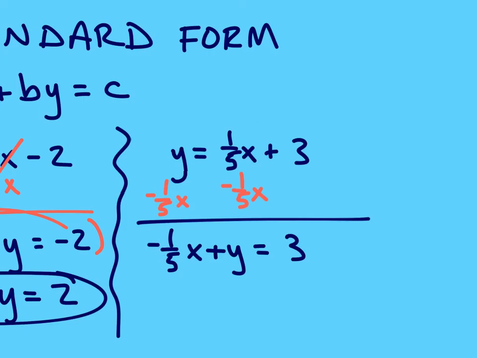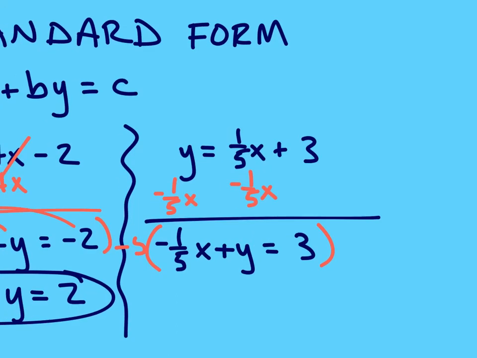So I'm going to multiply this entire thing by negative 5. When I distribute that, it's going to divide out my numbers. So 5 divided by 5 gives me 1. Negative times a negative is a positive. So we're simply left with x minus 5 times y. And then negative 5 times 3 gives me negative 15.